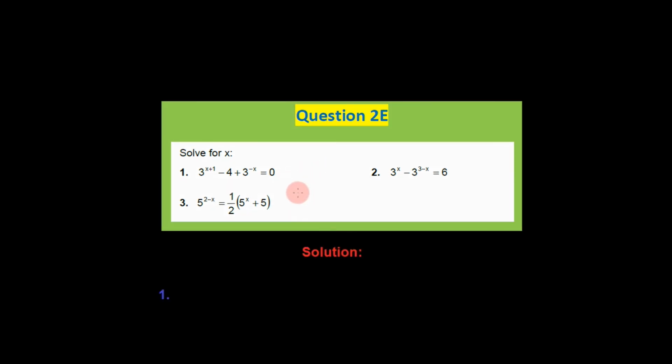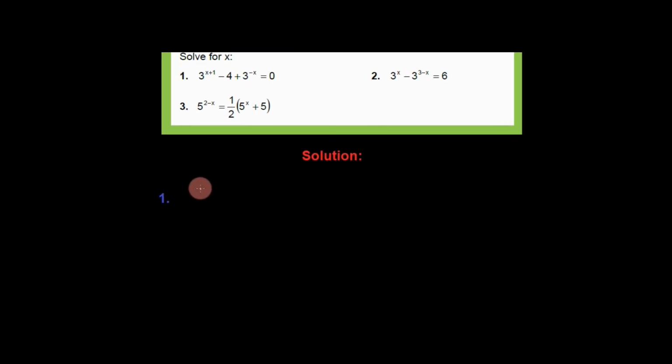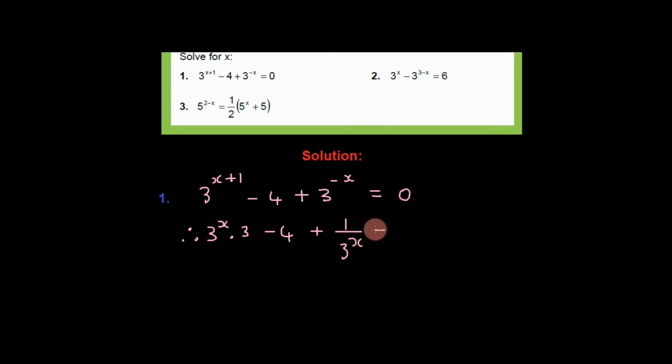Let's look at your answers to this question. In the first one, we have 3 to the x plus 1 minus 4 plus 3 to the negative x equals 0. We can start by splitting up the first term into 3 to the x times 3. And we can write the third term here with a positive power by writing it as 1 over 3 to the positive x.